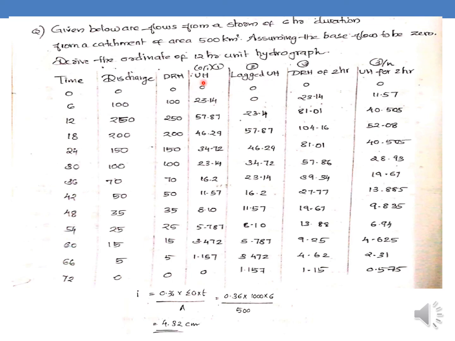So the first rainfall is from 0 to 6 hours, then the second rainfall is from 6 to 12 hours. Like that you have 2 unit hydrographs. Sum these up to get the third column, and this DRH should be divided by small n to get this unit hydrograph. So this is the procedure for finding the unit hydrograph from a given storm hydrograph, and that unit hydrograph can be converted to your required duration.